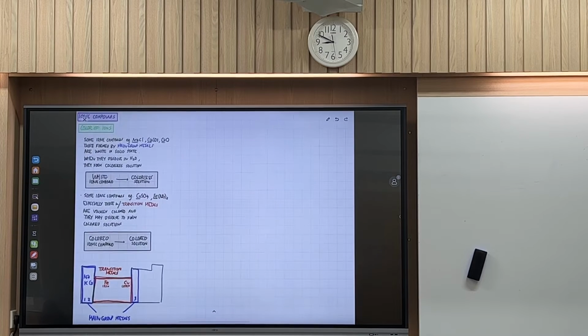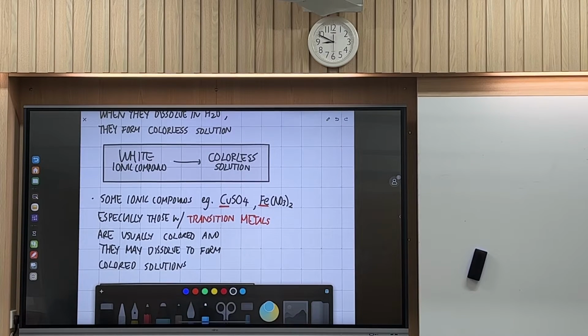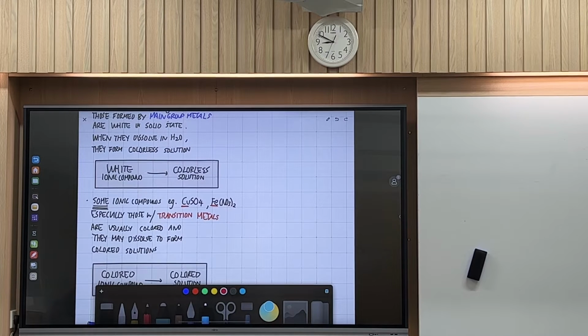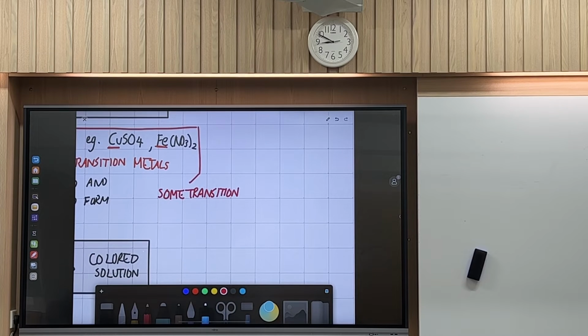This is why you need to be extra careful with the wording I use here. Some, not all. They are exceptions, so I don't want to mislead you. So can you put a box in here and write down: some transition metals still form colorless compounds, or white compounds.